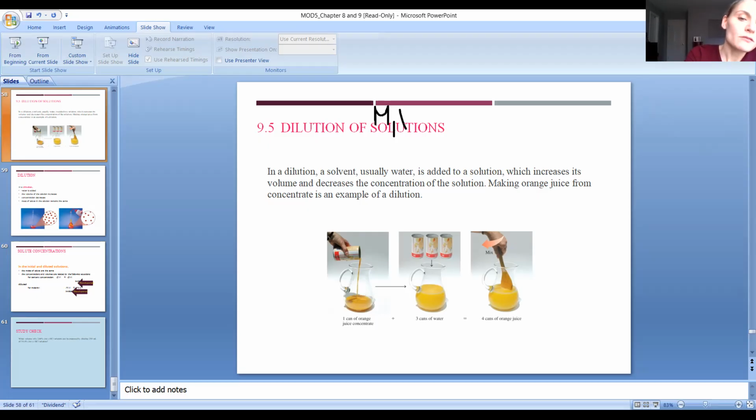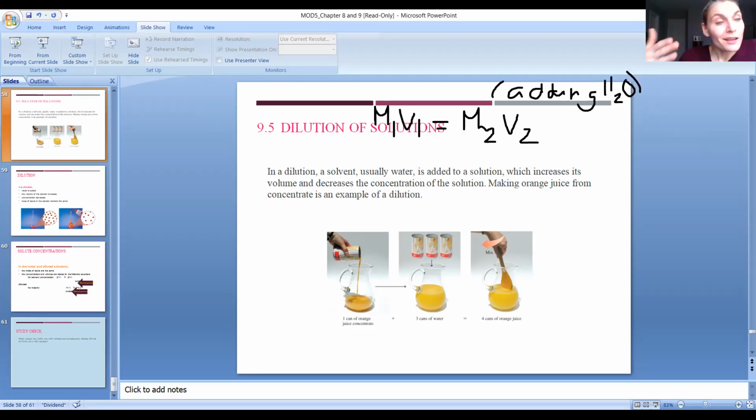I prefer to remember it this way, but you can choose what you like. So M1V1 equals M2V2: the molarity of the initial and the volume. Because you're adding water, your volume goes up for V2, and your molar concentration changes, but instead of being more concentrated, it ends up more dilute.